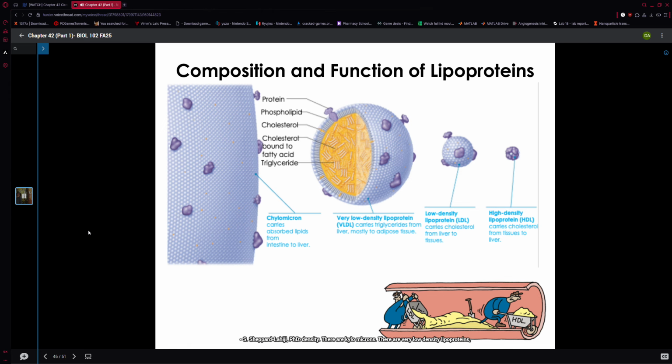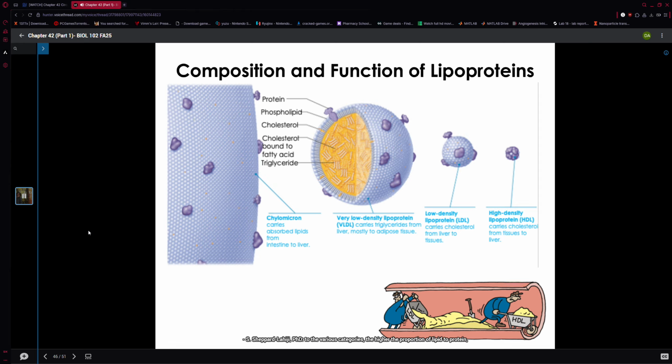There are chylomicrons, there are very low density lipoproteins, low density lipoproteins, and high density lipoproteins. But when it comes to the overall organization of the lipoprotein, they're all going to have phospholipids, cholesterol, some type of thing that falls in a lipid category, as well as a protein, so lipoprotein.